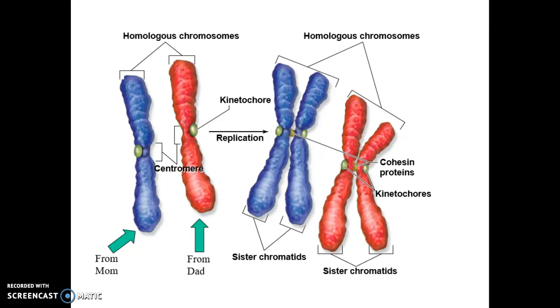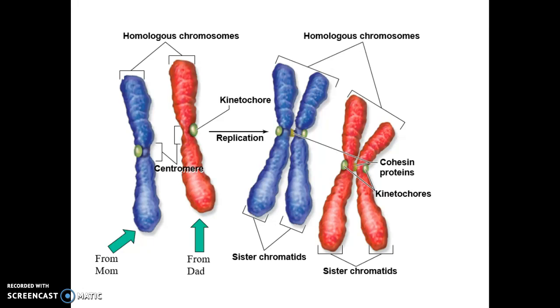So a chromosome is that little, what looks like a blue line with a green dot in the center, or the red line with a green dot in the center. You and me and everybody else on this planet inherited one chromosome from mom, one chromosome from dad.